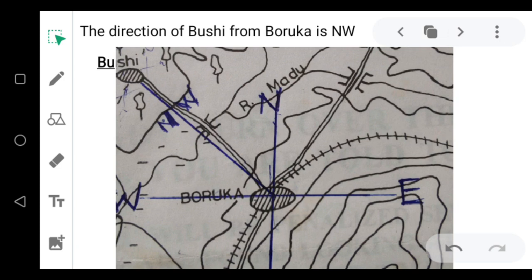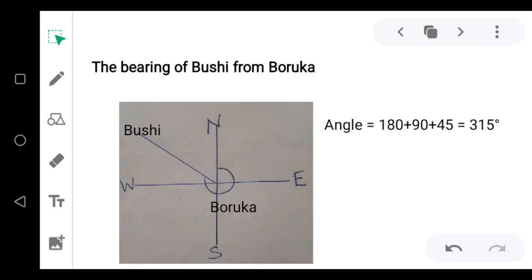That is for direction. Now they can ask you to give the bearing of Bushi from Boruka. This is different from direction. Bearing is the angle measured clockwise between the direction of an object and another object, or the direction of a place and another place. So when we talk of bearing, it has to do with angle.